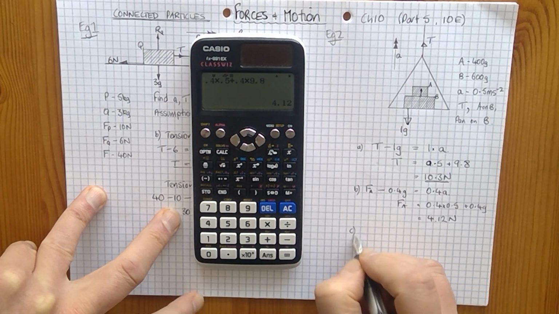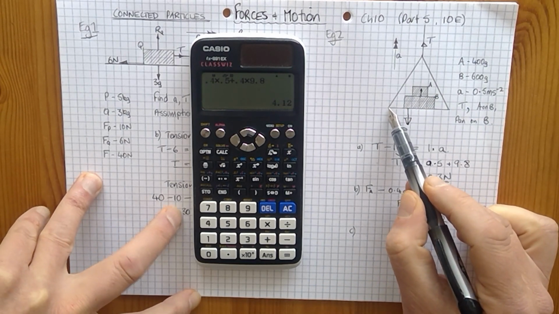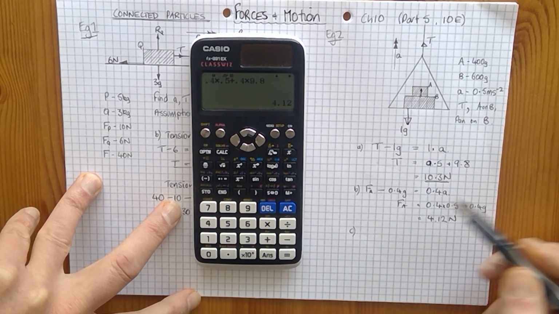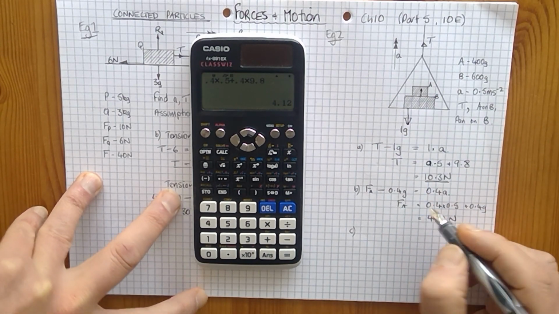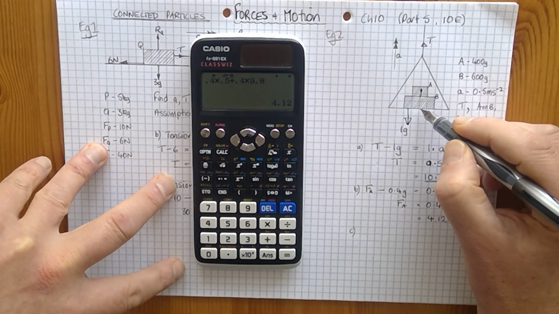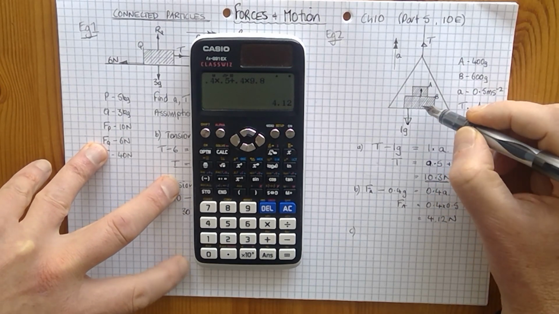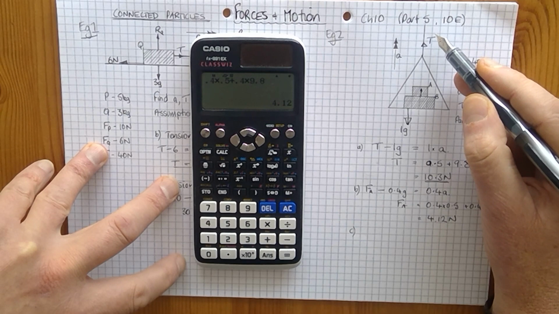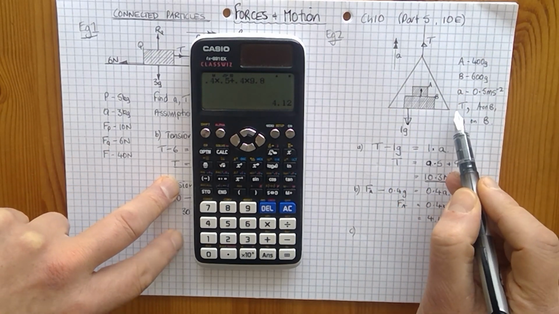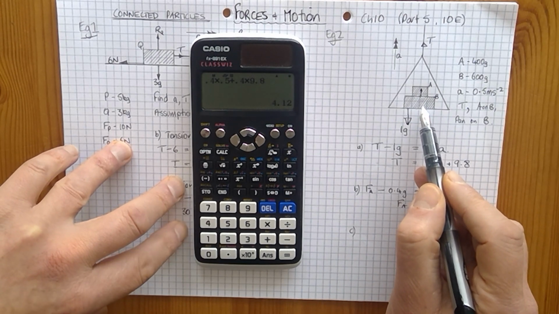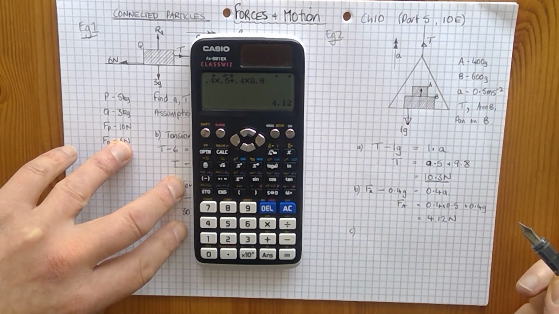And the last bit, what's the pressure of the pan, the force of the pan on B? Well, we'll deal with it in a similar way, but we can deal with these two together. We have got gravity pulling down, we've got the tension of the rope pulling it up. The tension of the rope is the same as the pressure of the pan on B. Well, we know what the tension is already.